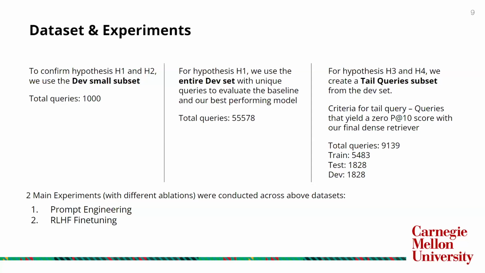And for the last experiment, that's the only time when we split our subset into the train, test, and dev split. Specifically here, we use train to actually train our RLHF model, and also to figure out what is the prompt that is giving us the best result for the tail queries.